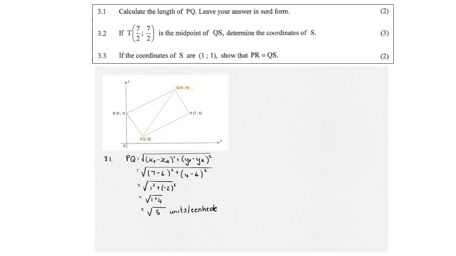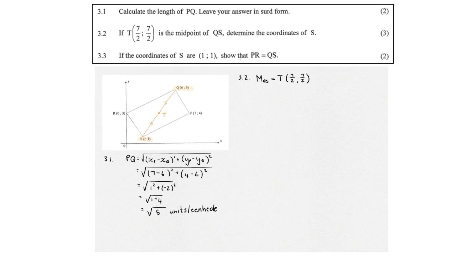Question 3.2: if the coordinates of T is 7 over 2 and 7 over 2, and T is the midpoint of QS, determine the coordinates of S. So on the sketch, you can see that QS is the diagonal of the quadrilateral, T is the midpoint of this diagonal, and now we have to determine the coordinates of S. So the midpoint of QS will then be equal to T with coordinates 7 over 2 and 7 over 2.